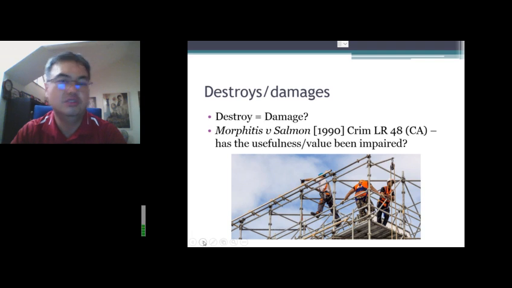It can still be used, and the value of it is still maintained. It wasn't thrown away, and therefore it is not considered to have been damaged. So the key thing to ask is whether its usefulness has been impaired, or whether its value has been impaired.